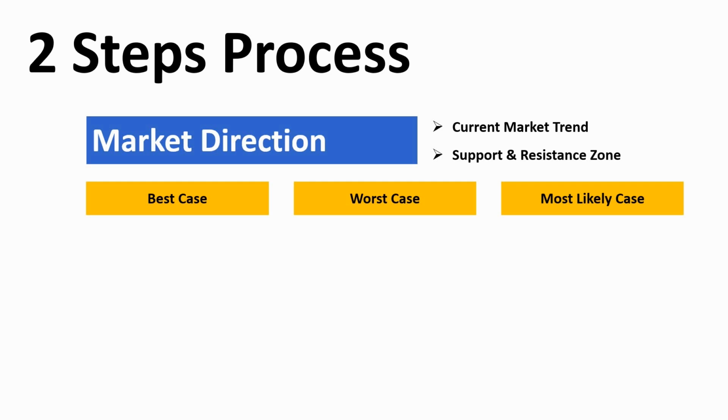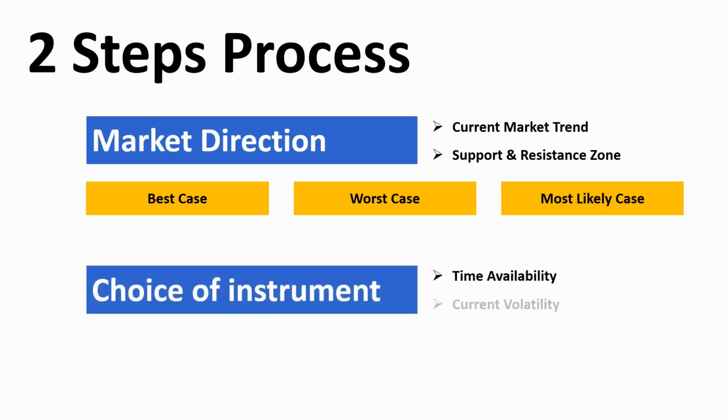But what you have to arrive at is the best case scenario, worst case scenario, and most likely case scenario. The most likely case scenario should give you a reasonable confidence that you really expect. I think most of the time you should get it. At least you should be right 50 times. If you're right 40 times, you should know your probability. Accordingly, you should optimize your trading strategy.